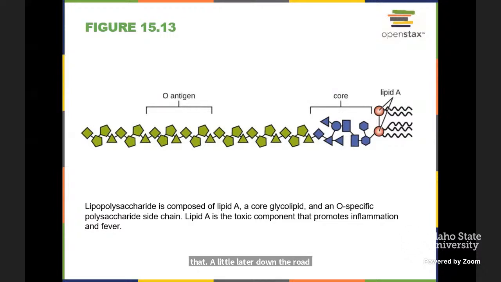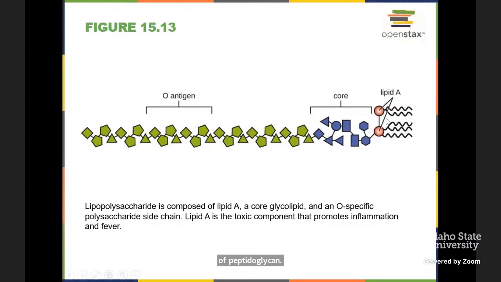So what we're looking at here is part of our gram-negative bacteria. Remember, our gram-negatives have a plasma membrane, a very thin cell wall, and then an outer membrane that covers that little bit of peptidoglycan. That's what we're looking at here, this outer membrane.